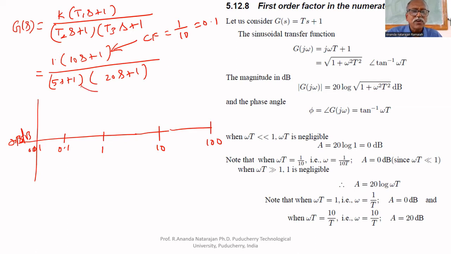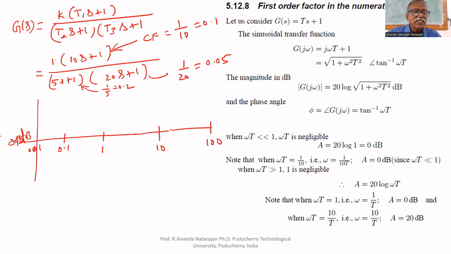What is the corner frequency for 5s plus 1? 1 by 5 equals 0.2. What is the corner frequency for 20s plus 1? 1 by 20 equals 0.05. 0.05 is greater than 0.01. Am I correct or not?